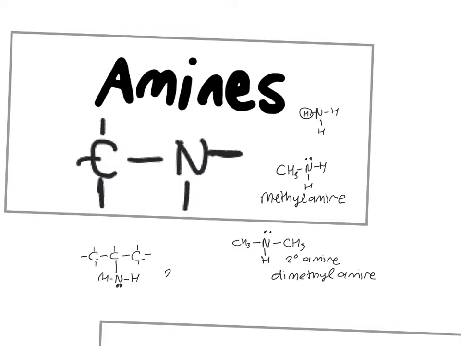So that would be called, in this case, 2-aminopropane. So when the amine group is other than on position 1, you can refer to the amine group with the prefix amino. And again, when we study amines, we're going to go into this in a lot more detail.